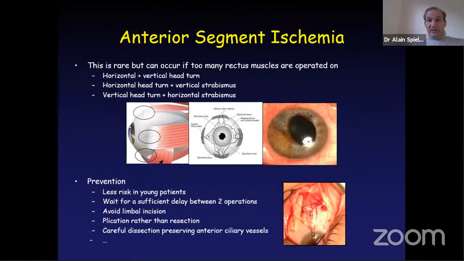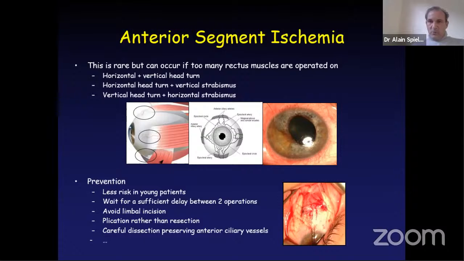Anterior segment ischemia is seen infrequently because we take care of this. This can occur if too many rectus muscles are operated on, especially in this situation. Horizontal and vertical head turns can be operated on in the same surgical step, or the operation can be delayed over time.